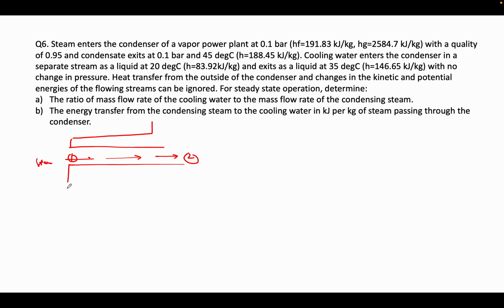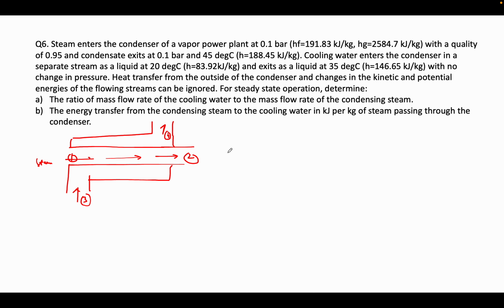It is coming from one side and going out from the other side. So this is how the apparatus will look. This is my cooling water entering from here, and this is my cooling water exiting.